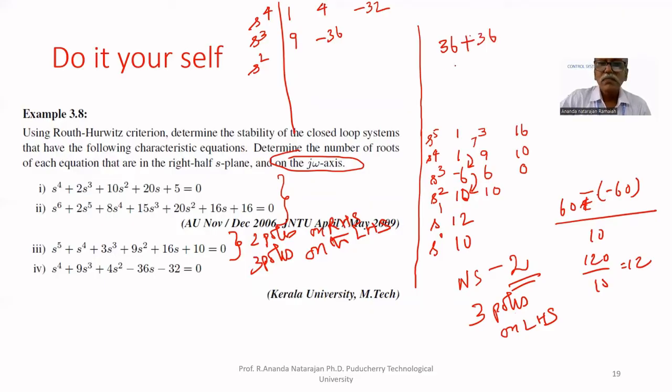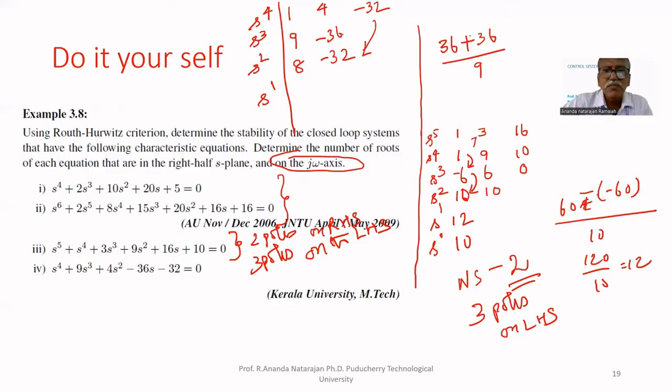Am I correct? So 72. How much? 8. 8 you will get. Then s power 1, here you will get minus 32. Automatically this will move here. This will move here.